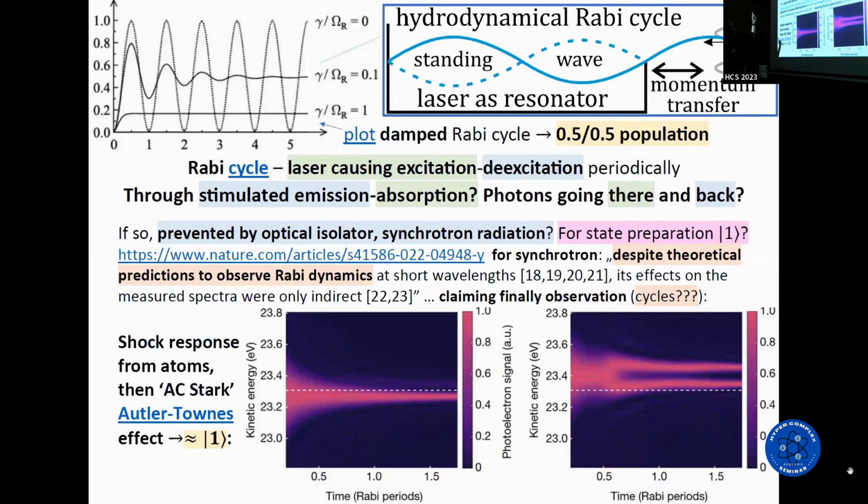Indeed, they tried to search for the Rabi cycle for the free electron laser, and despite theoretical predictions, this is the best article. You can see that it goes to the excited state only. In the Rabi cycle, you should go to 1/2, but for the free electron laser they cannot get to 1/2. So it seems that they have only one equation, only the absorption equation.